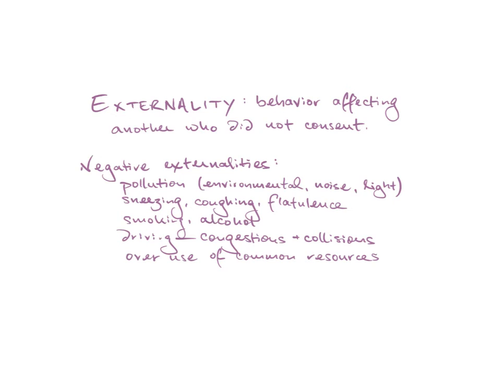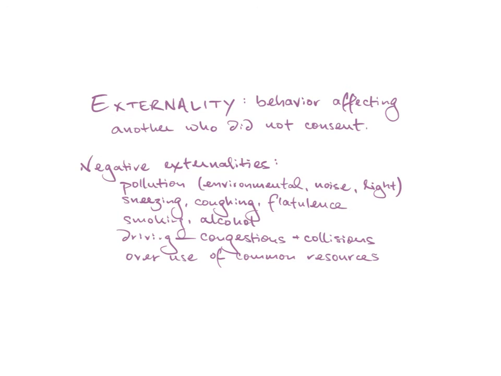Okay? You make it worse with alcohol or texting, but simply by being on the road, you create a risk for someone. Okay? The other's a simpler thing, congestion. Okay? If you get on the road, you slow down the other cars on the road. And again, congestion, traffic jams, those are examples of externalities.